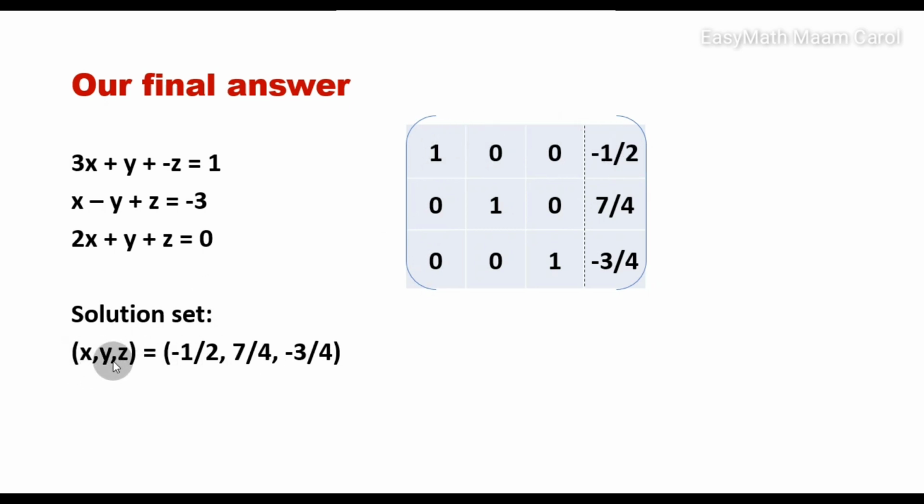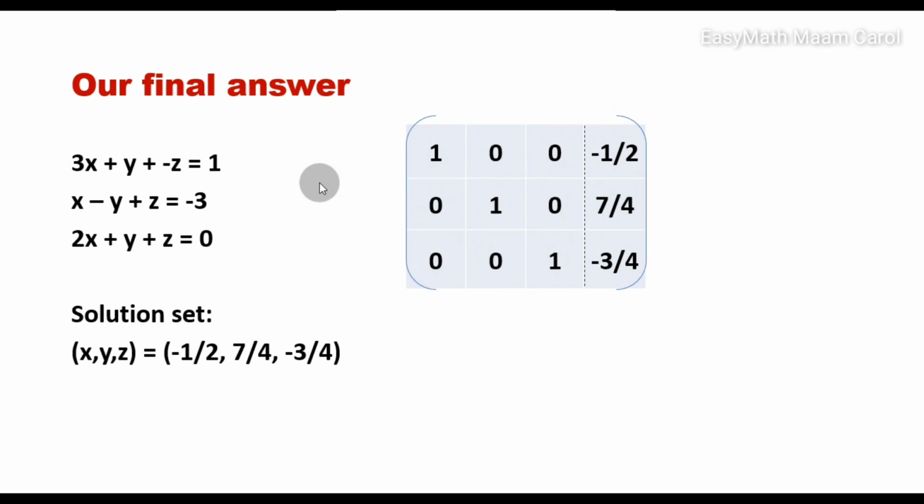Ordered elements yan na, hindi pwede bali-baliktad. Kaya siya naka-parentheses. Ordered. Ibig sabihin, X corresponds to negative 1/2, Y corresponds to 7/4, and Z corresponds to negative 3/4. So, yan yun.